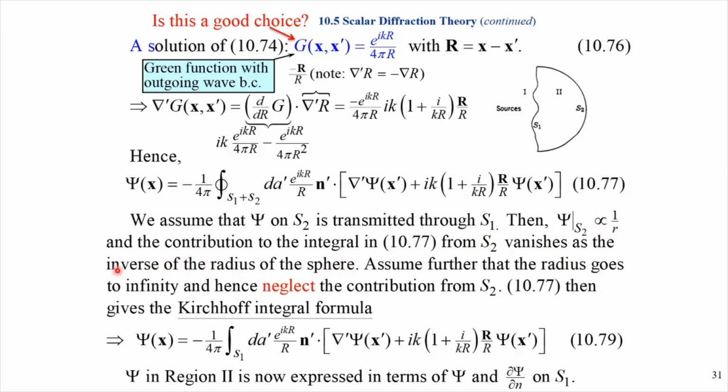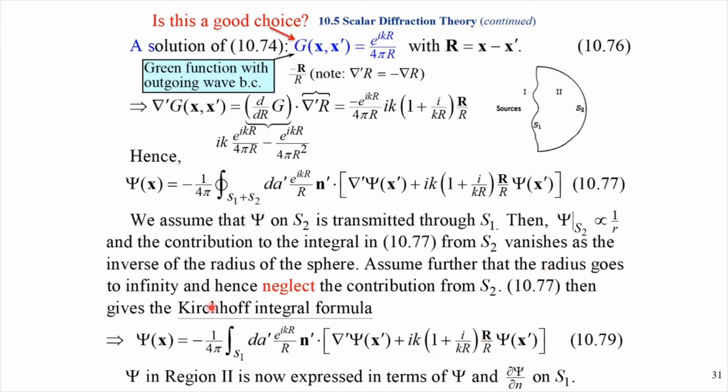Therefore, the contribution from S2 vanished. Assume further that the radius goes to infinity, and hence we can neglect the contribution from S2. Because of the radiation field, we just consider the source from here and calculate the radiation here.